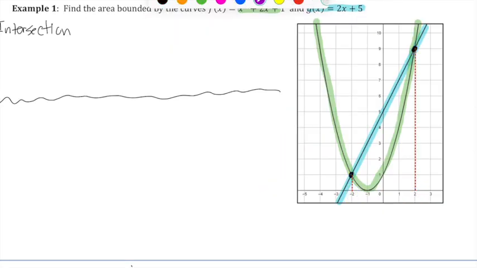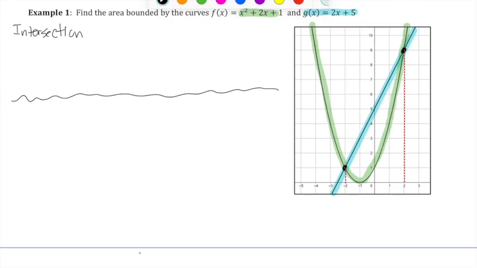So if we were just to set this equation up, we would say we want the integral of the top function, which in this case is g of x, and we're going to subtract off the lower function, which is f of x. And we want to do that from -2 to 2. And this is what we are doing here.